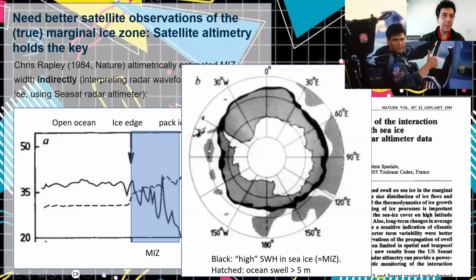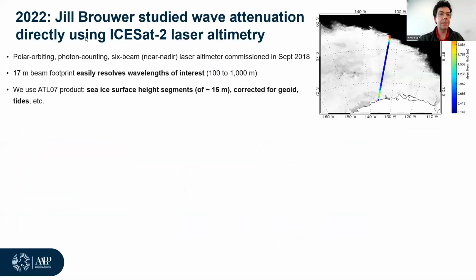Now, work by my fantastic honours student, Jill Brower, which was published in 2022, used satellite laser altimetry to determine the extent of the wave penetration into Antarctic sea ice. ICESat-2 is a polar orbiting photon counting laser altimeter. It has a 17-meter footprint, and this is easily able to resolve the wavelengths that we care about.